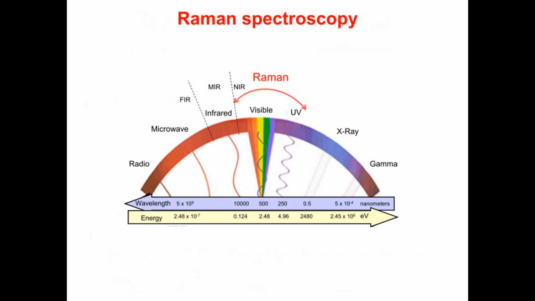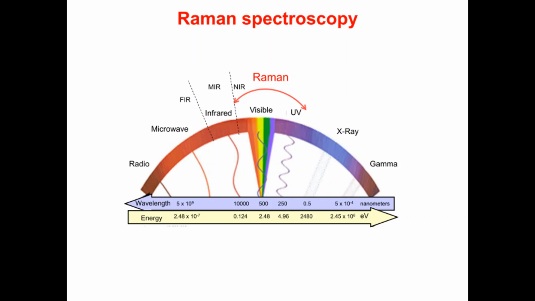Raman spectrometers, as we mentioned in the beginning, use high intensity laser light. So one may ask the question: light has a spectrum that ranges from radio to gamma, so where does Raman actually lie?